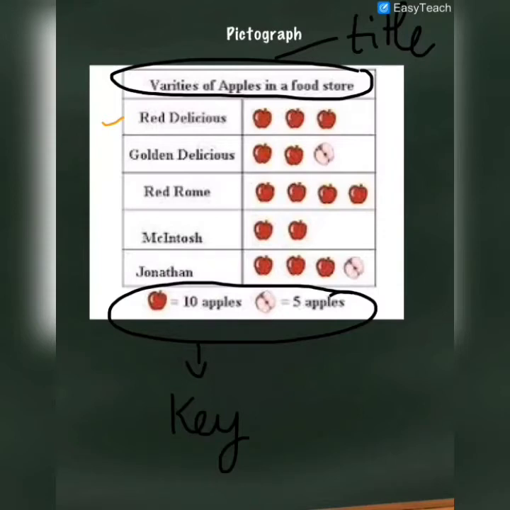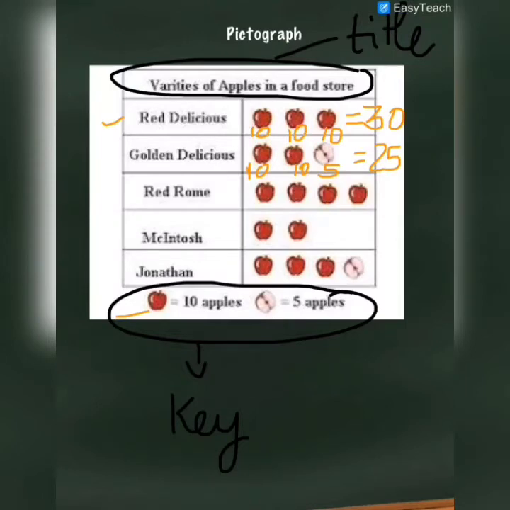Since the image of 1 apple is equal to 10 apples, as given in the key, here we have 10 plus 10 plus 10. So there are 30 red delicious apples in that store. Similarly, golden delicious apple, one image is equal to 10 apples. So 10, 10, and the half apple image is equal to 5. So we have 25.